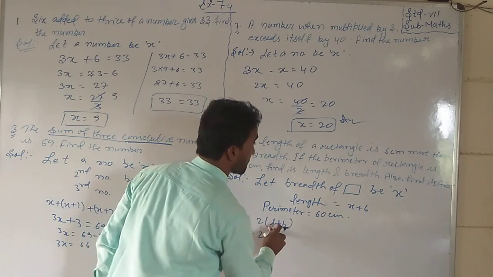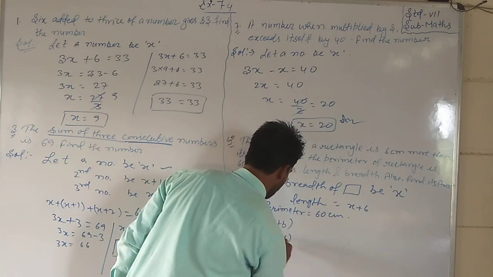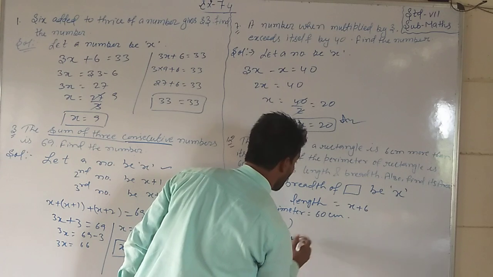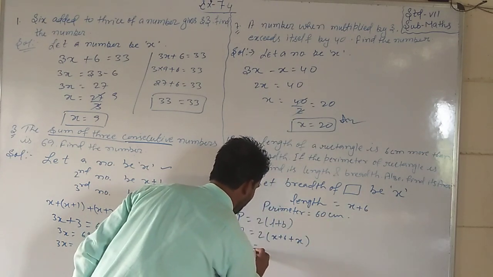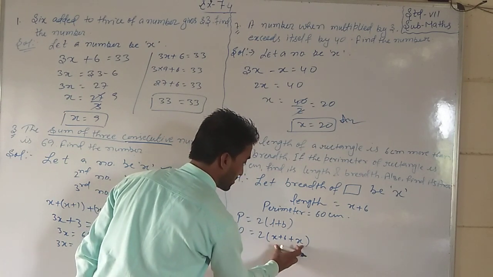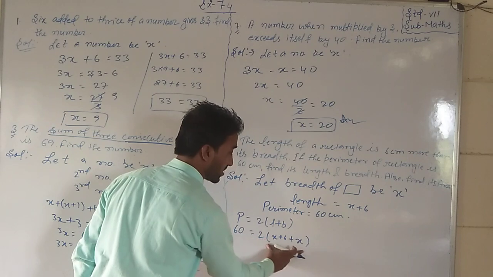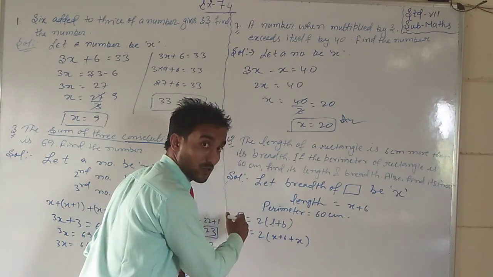Here L is equal to x plus 6. Breadth is equal to x. Students, we can solve it also. We can say 2 into this term and this term, both are multiplied.